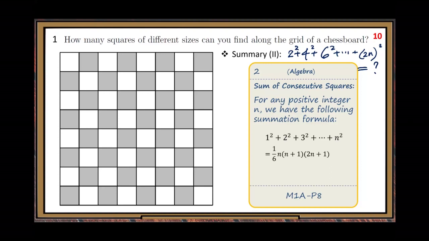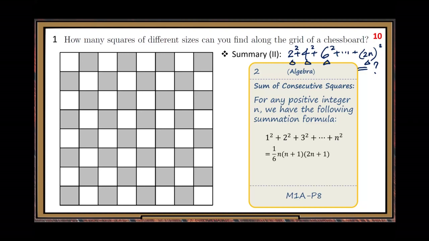Here we have n terms: term 1, term 2, term 3, the last term. Can you see a common factor among all these terms? It's 4.